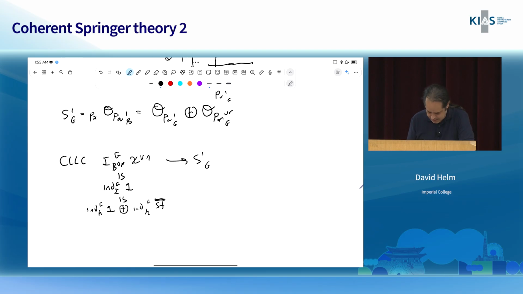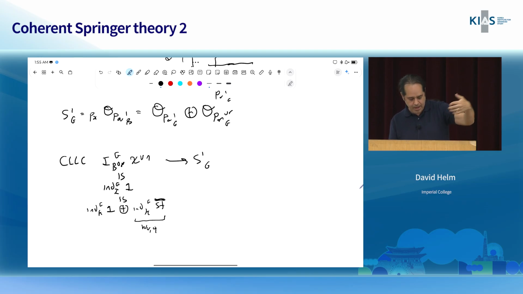So let me write this as ST bar to distinguish it from the Steinberg variety that we wrote down earlier. And this induction of the Steinberg representation is actually equal to our space of Whittaker functions W_{U,ψ}. And so we know that that summand maps to the structure sheaf on Par 1G.